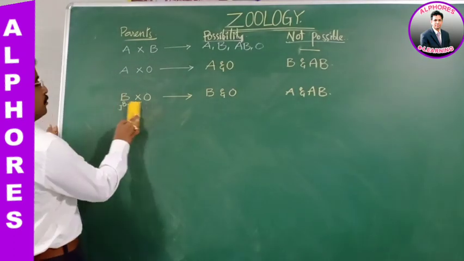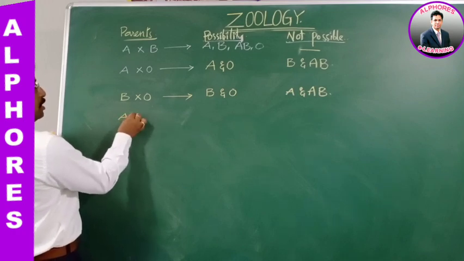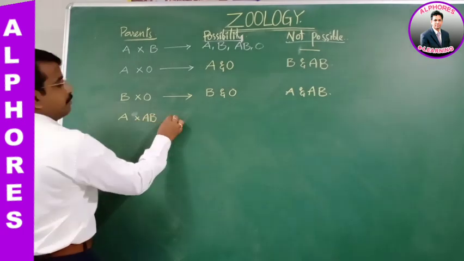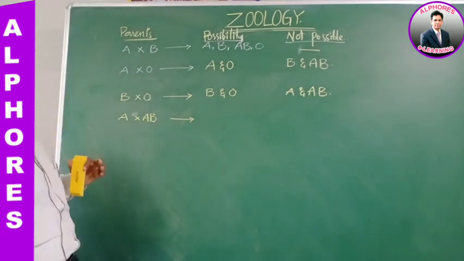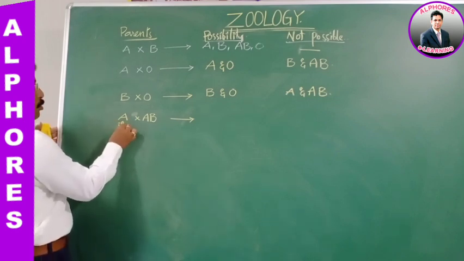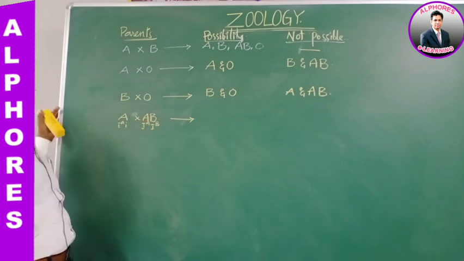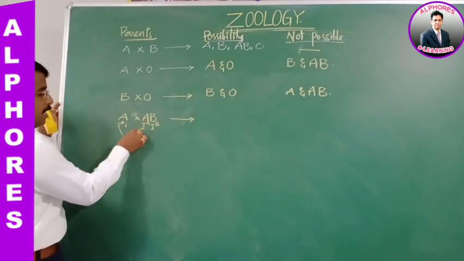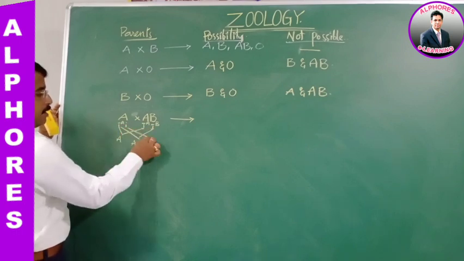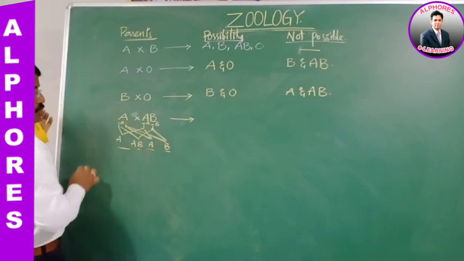Next, if we go for another combination, A and AB are the parental generation. Next, here what is possible? IA, IB is with the parental combination. Look at here. A is possible, AB is possible, A is possible and B is possible. Is it right?